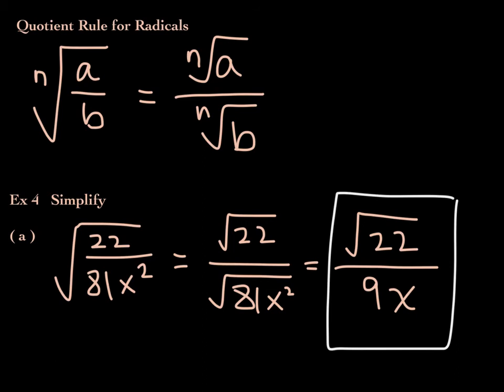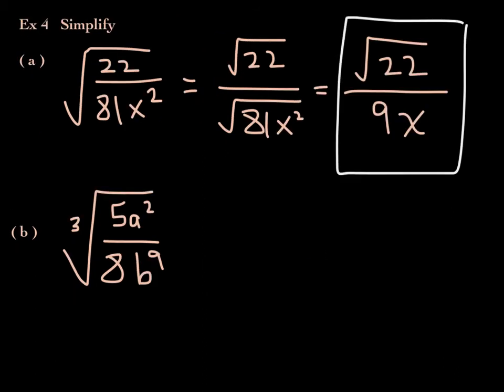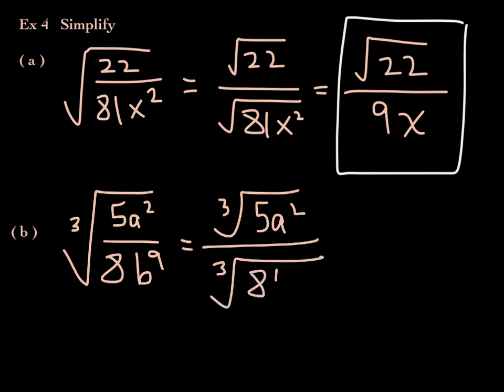Let's do it again. We have the cube root of 5a squared over 8b to the 9th power. The quotient rule allows me to rewrite this as the cube root of the numerator divided by the cube root of the denominator. Now, the numerator is what it is, 5a squared. 5 is prime, so it's not going to have a factor that's a perfect cube.